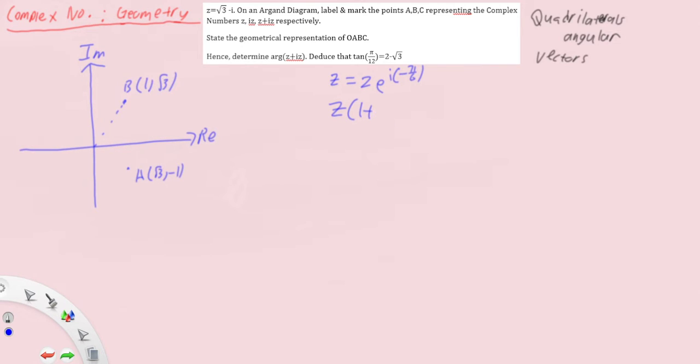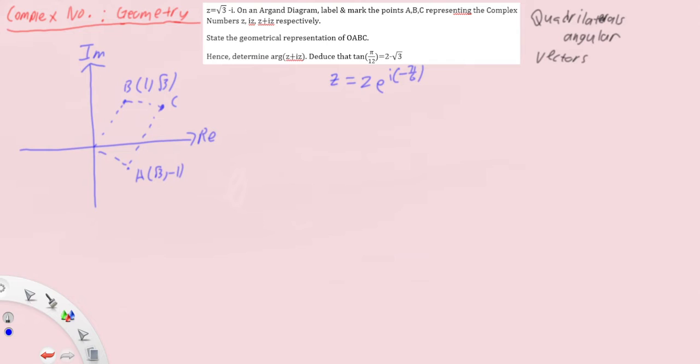But the more efficient way is to recognize that z plus iz, so this is the complex number z, and this is the complex number iz. It's just basically vectors. So z, this is quote unquote iz, so go down and then go up. So it's something like OA plus OB, so OA plus AC, this would then give us C.